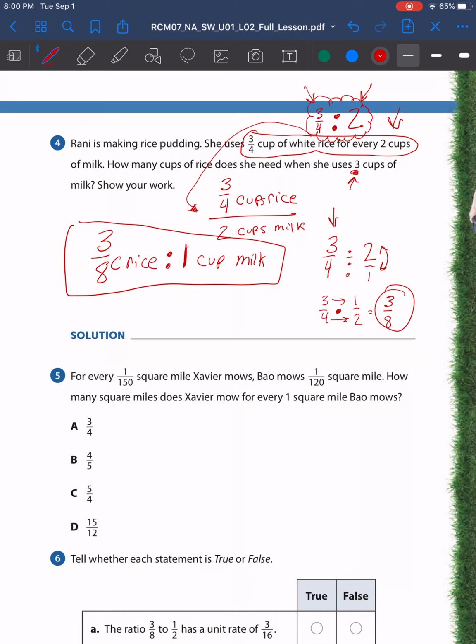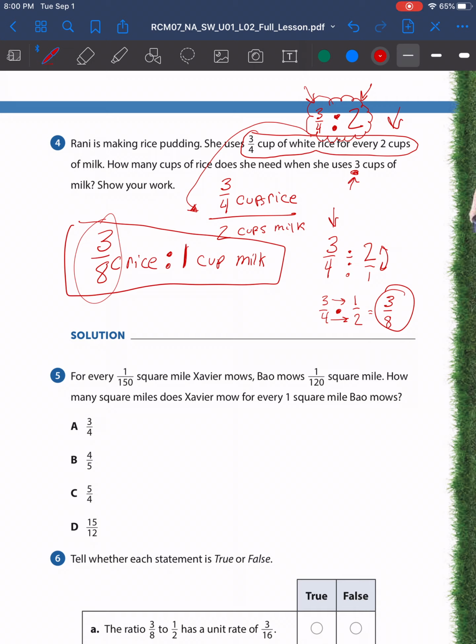Now, with my unit rate, can I now go solve how much rice it takes if I have 3 cups of milk? Yeah, easily. I can just take the 3 and multiply it by 3/8, right? Because really I'm just going to take 3/8 plus 3/8 plus 3/8 to get 3 cups of milk.